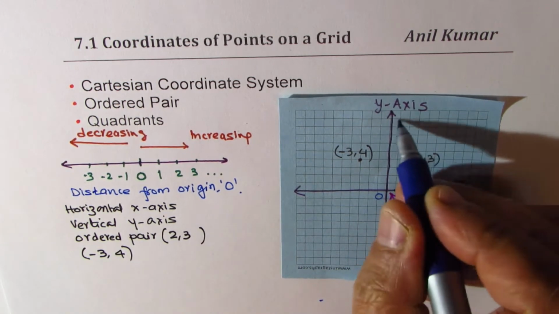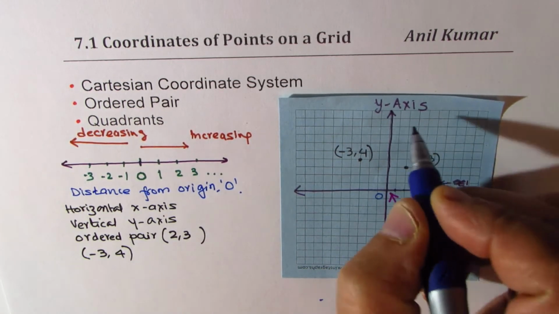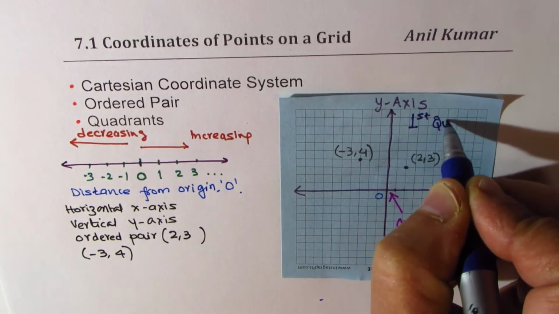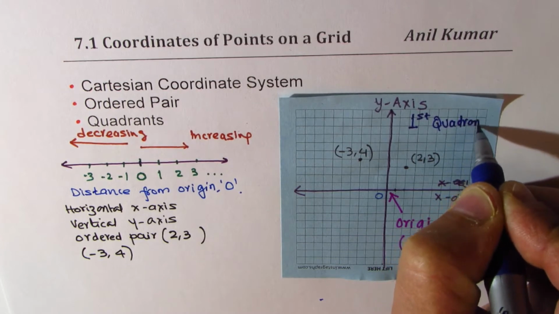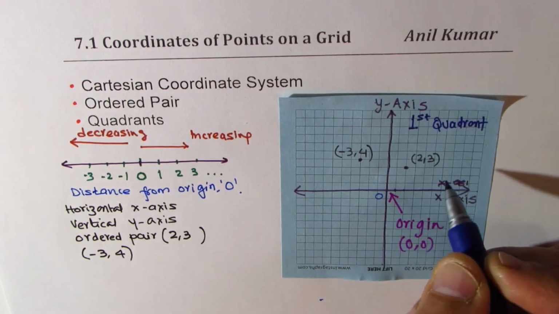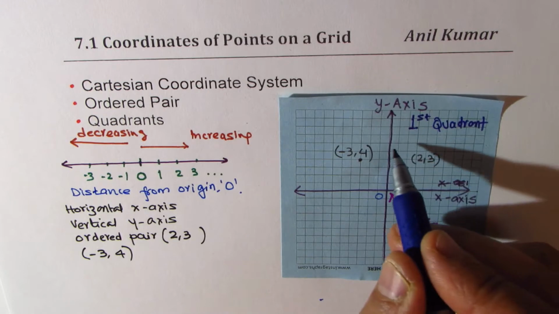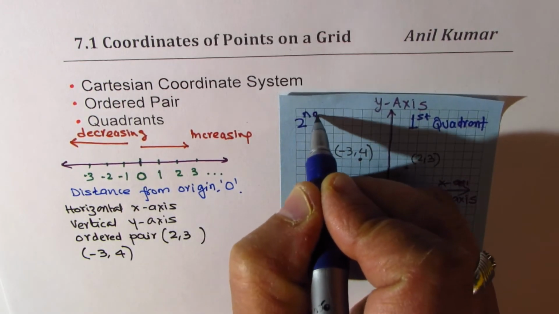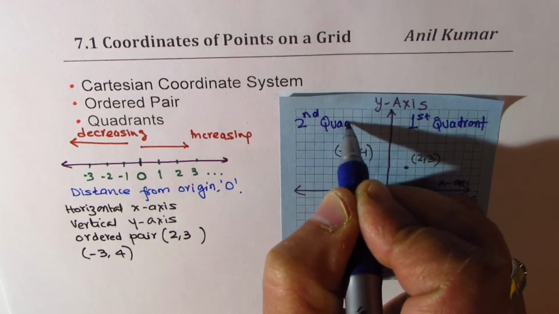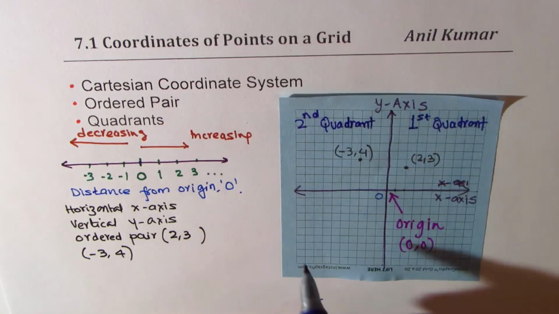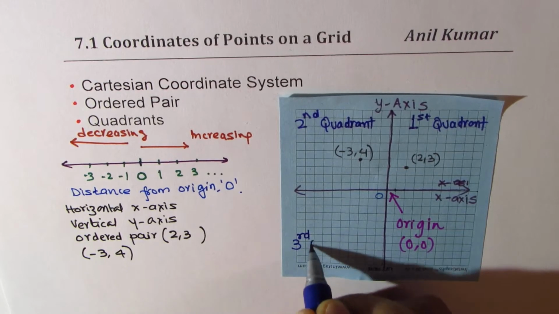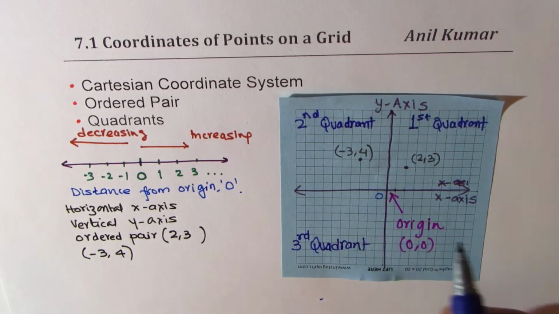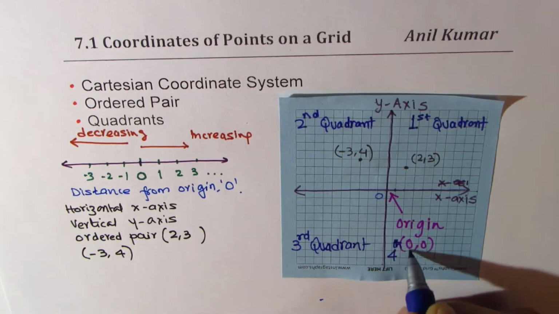So each quarter of this is called a quadrant. We name them as first quadrant, which is right of y and on top of the x-axis. We have second quadrant, third quadrant, and this is called the fourth quadrant.